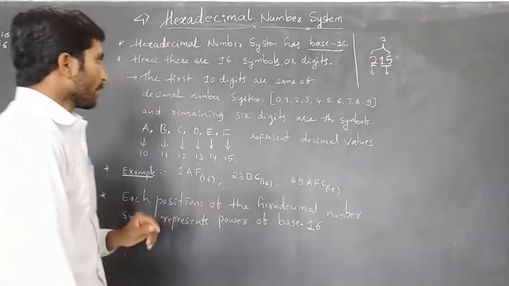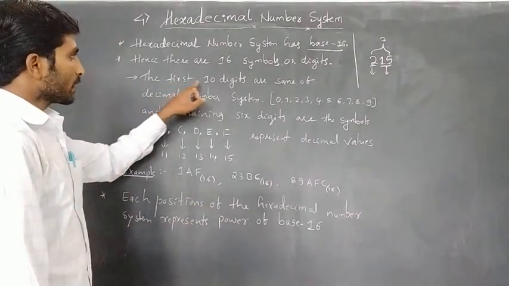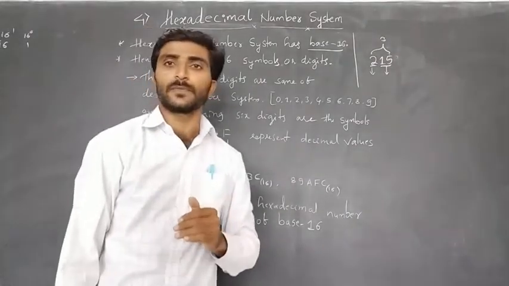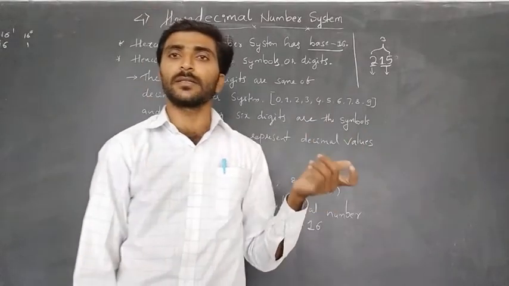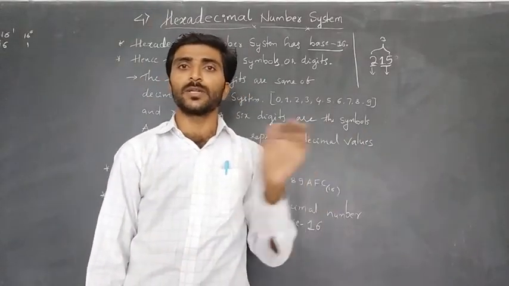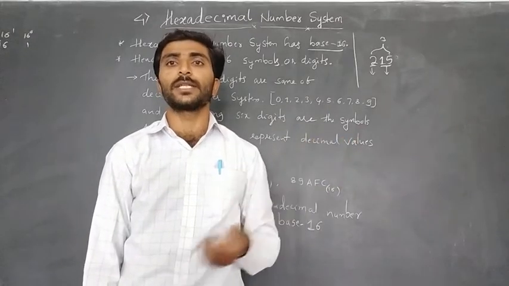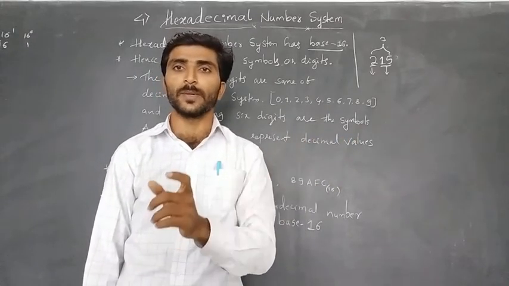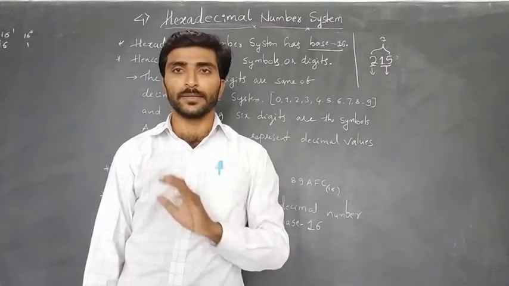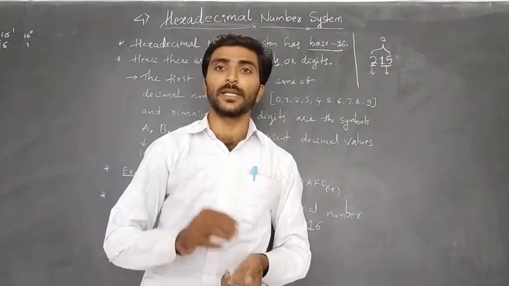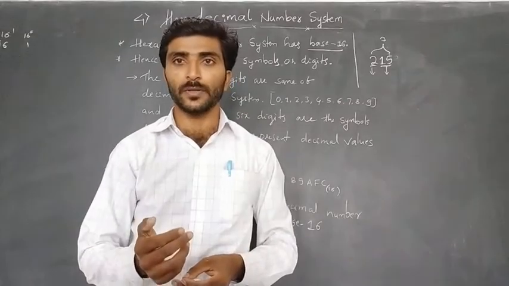In decimal there are only 10 digits, 0 to 9, totally continuous with no classification. But here in hexadecimal, they are divided into two parts.